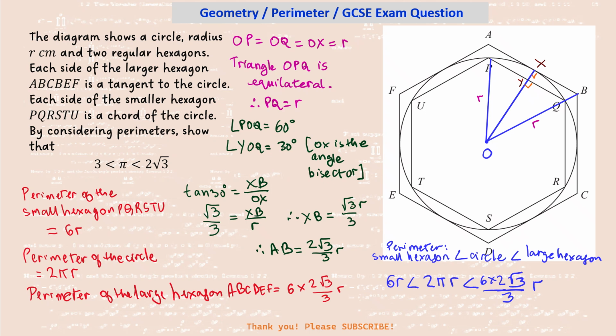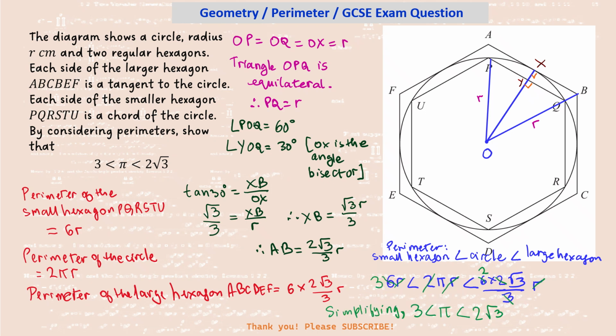To get the answer in the format that we've been asked, first of all the r gets cancelled out, and then 3 times 2 is 6, and if we divide throughout by 2, we are left with 3 less than pi less than 2 root 3.